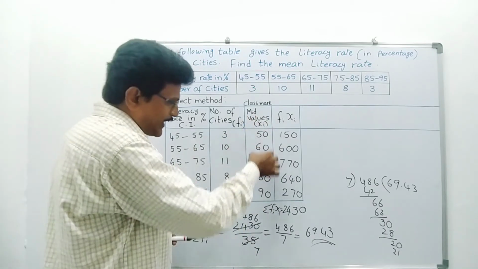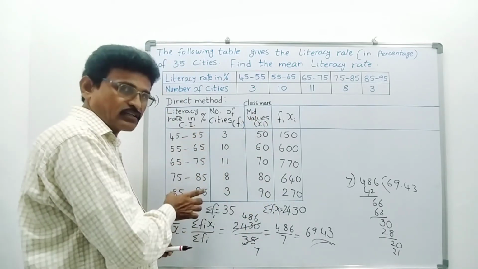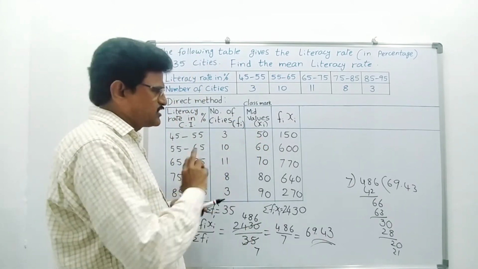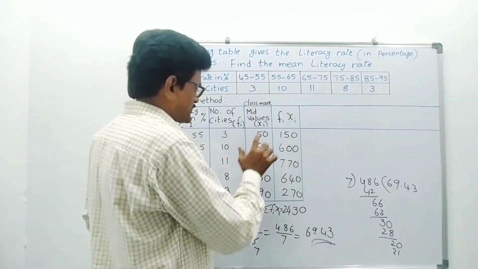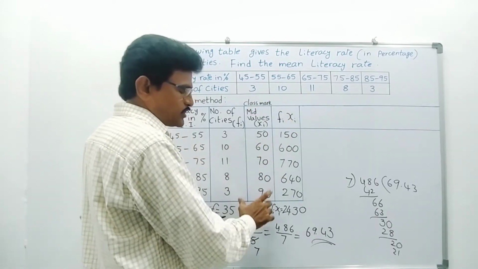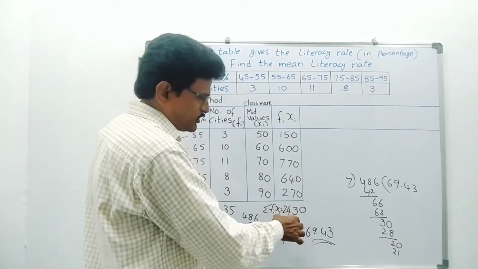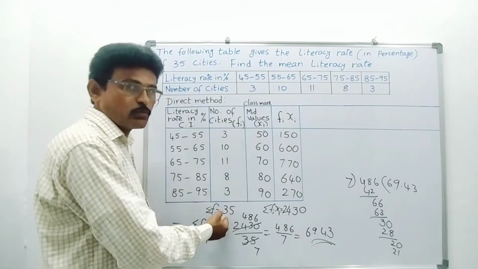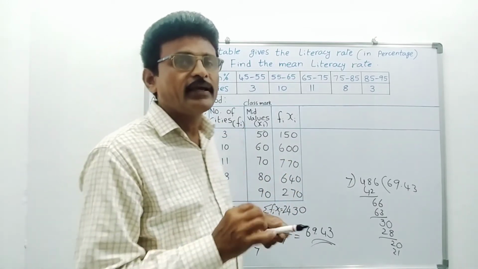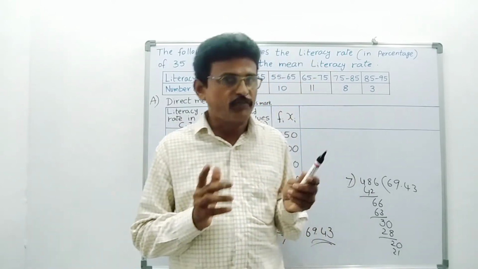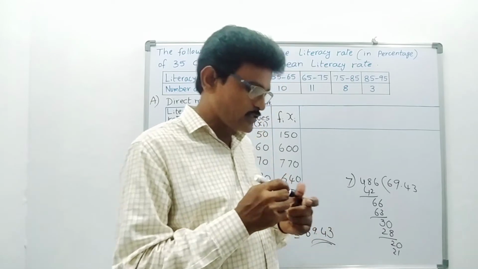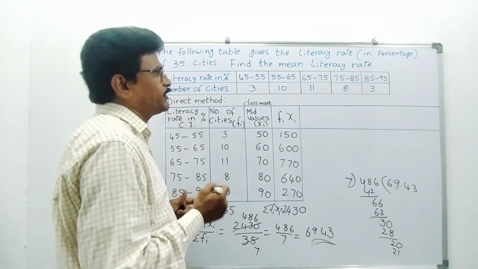Like that you enter Xi, the mid values of class intervals, and frequency is Fi. Just multiply these two, Fi Xi. Add all these values, you get sigma Fi Xi. Add the total frequency, you get sigma Fi. So what is the mean? X bar equals sigma Fi Xi by sigma Fi. Simple.